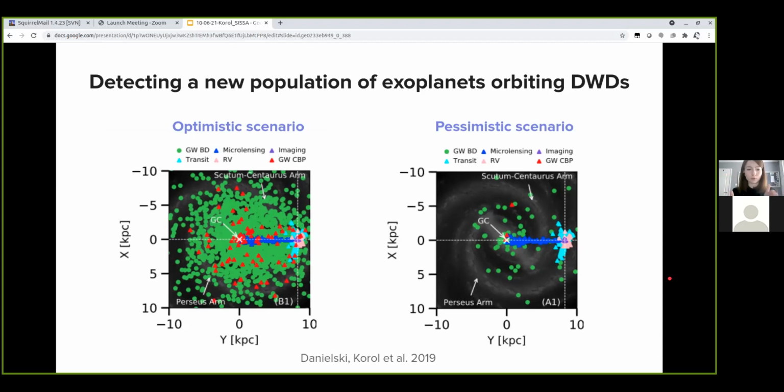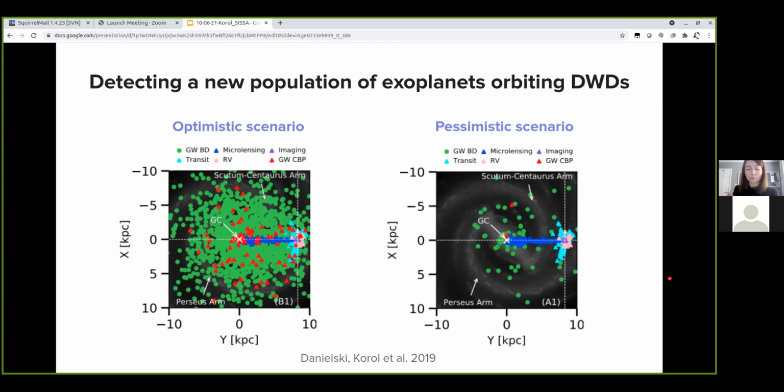If you want those double white dwarfs to be close enough so they accrete, you go down an order of magnitude, so you have thousands. And for double neutron stars, you go down another order of magnitude.